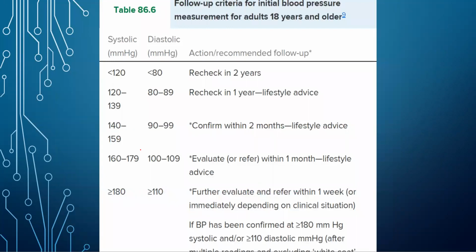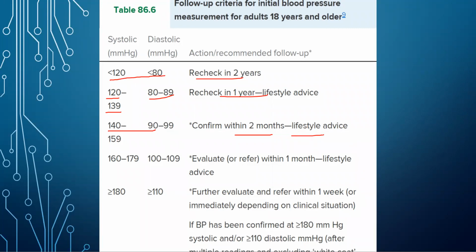So how do we follow up or manage this hypertensive patient? If it is less than 120/80, you can recheck every 2 years. If it is high normal, so 120 to 130, 80 to 89, then you just recheck yearly with lifestyle advice. Grade 1 hypertension, you have to confirm it within 2 months and also give lifestyle advice.